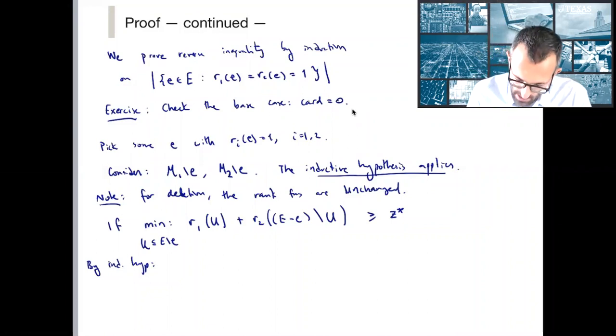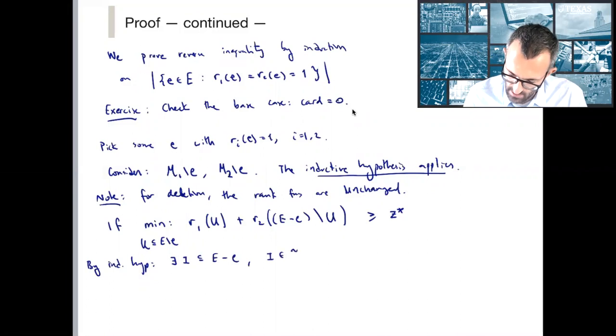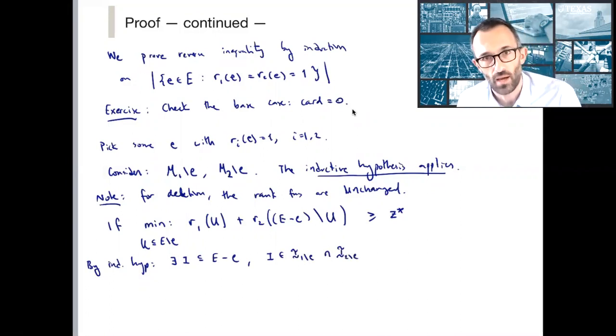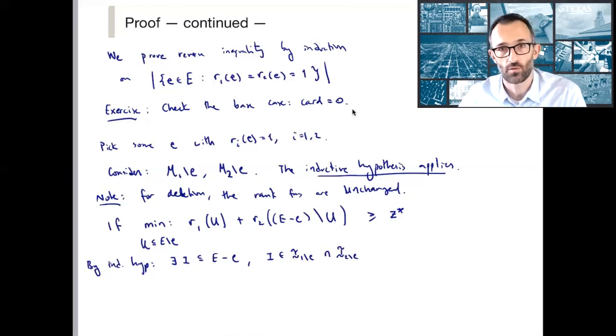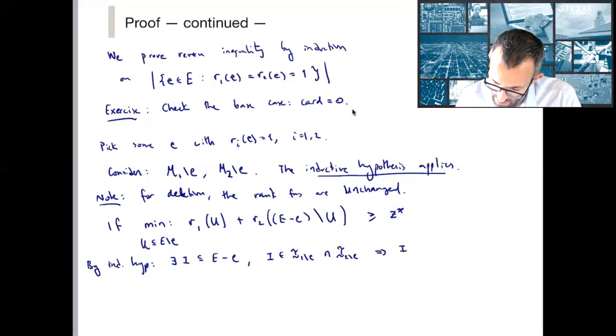So in other words, there exists some I that's a subset of E minus E, and I is in I1 of the deleted matroid intersect I2 of the deleted matroid. But the independent sets of the deleted matroid are just whatever was an independent set in I1 and I2 respectively that happened to not have E. So this also means that my I is an element of I1 intersect I2.